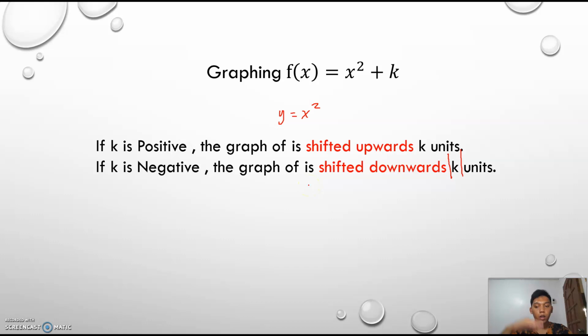Meaning to say that k is the movement along the y-axis. If k is positive, you count k units up, and if k is negative, you count k units down from the parent function y equal to x squared. All right?